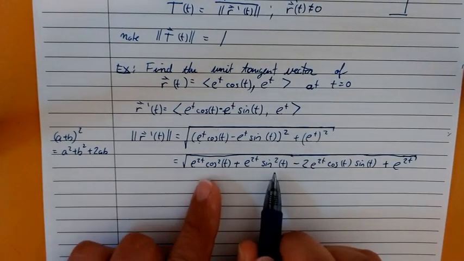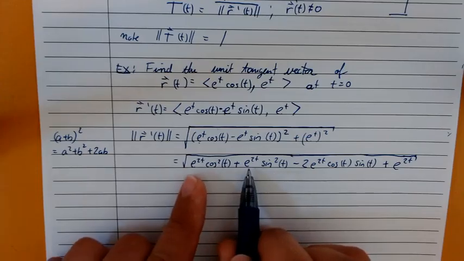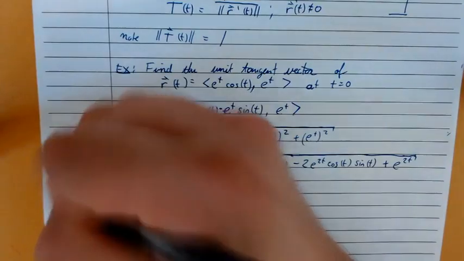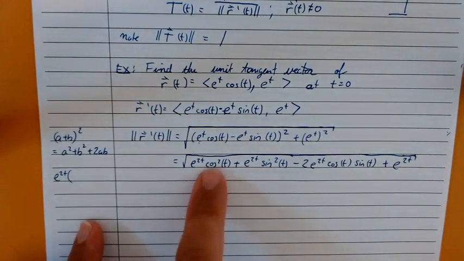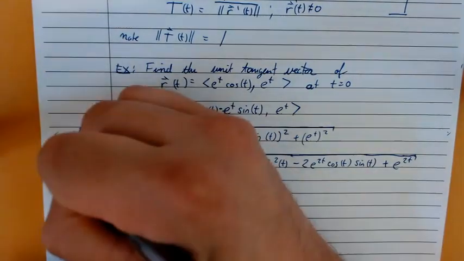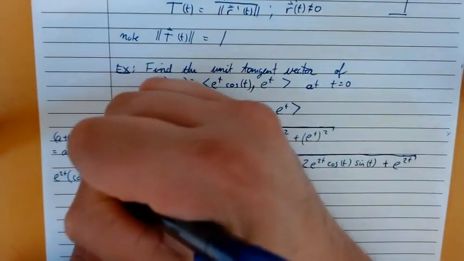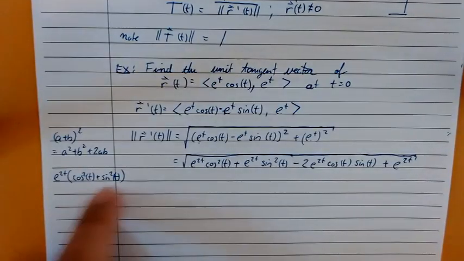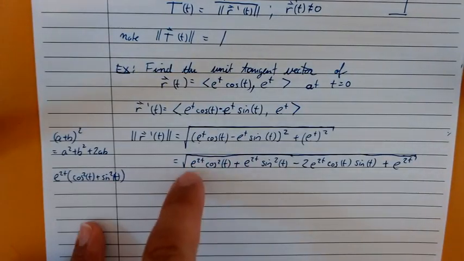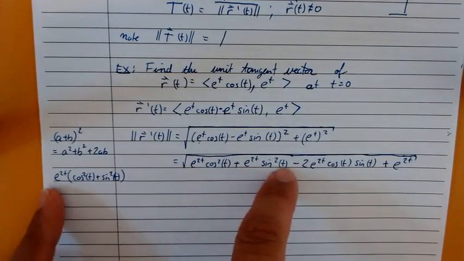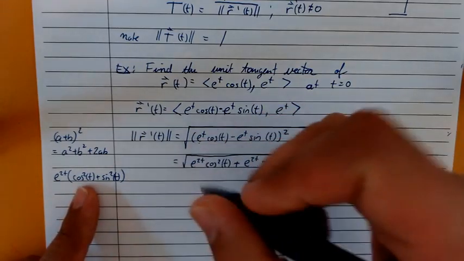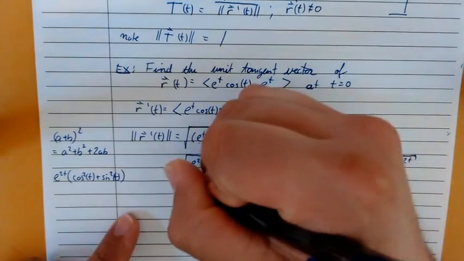Plus, and then squaring this one, we multiply the powers together, e to the power 2t. Notice right here we have a Pythagorean identity. If you factor out e to the 2t, you're left with cosine squared of t plus sine squared of t, which is the Pythagorean identity. That's equal to 1. So you're left with e to the 2t that you factored out times 1. In other words, you're just left with e to the 2t.